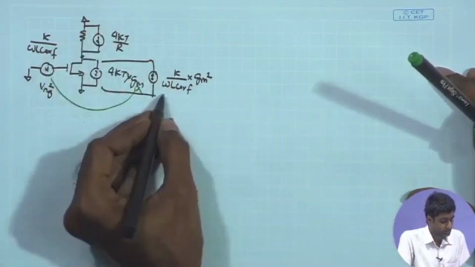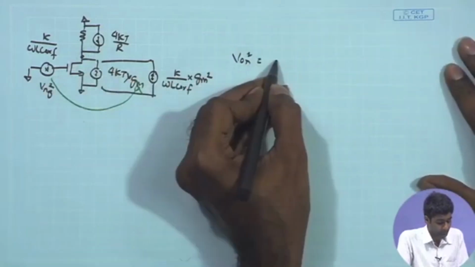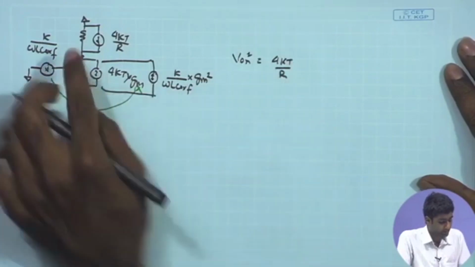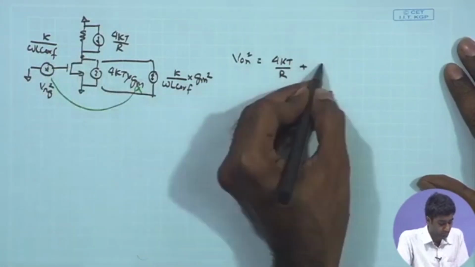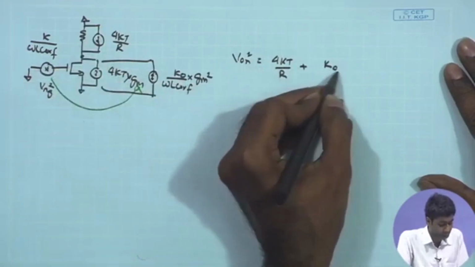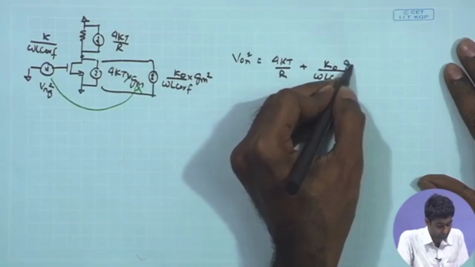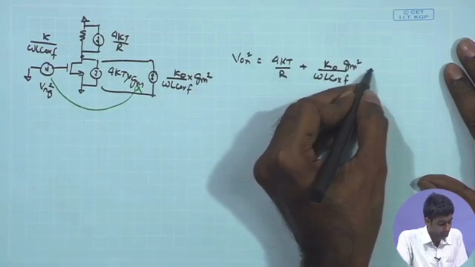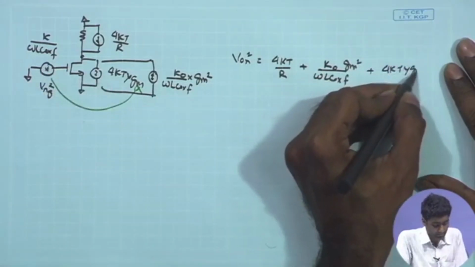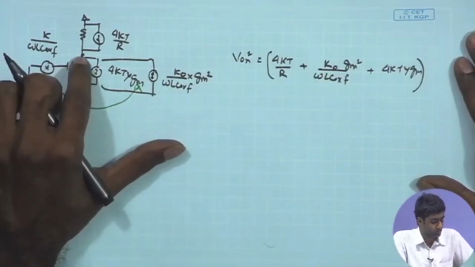So, I have the VON square given by the three noise sources: 4 kT upon R plus, let me call it K naught so that it does not get confused with the Boltzmann constant, K naught W L C O X F GM square, plus the 4 kT gamma GM, times the overall resistance at this point.